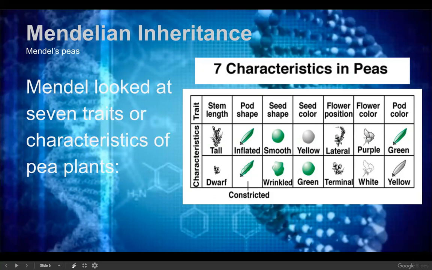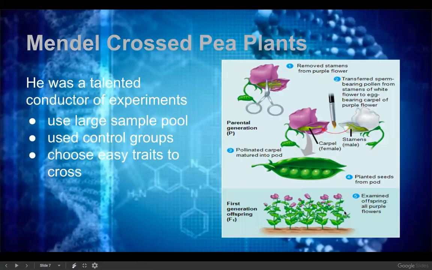The flower position, either at the end or out on the side, so terminal or lateral. He looked at the flower color, purple or white. And then the pod, he looked at whether it was green or yellow. It's a pretty simple plant and a pretty good plant to choose because it wasn't too complicated.